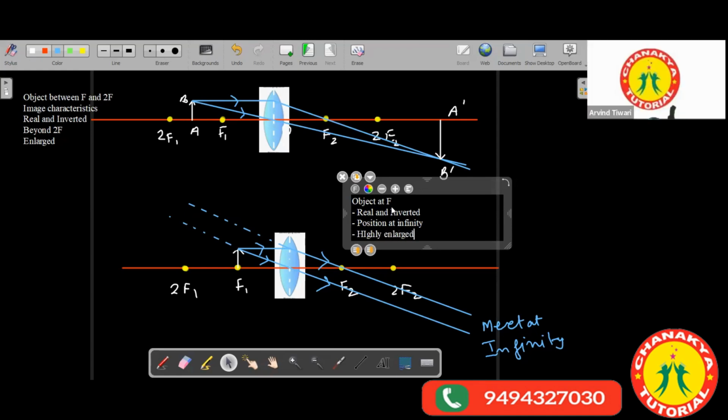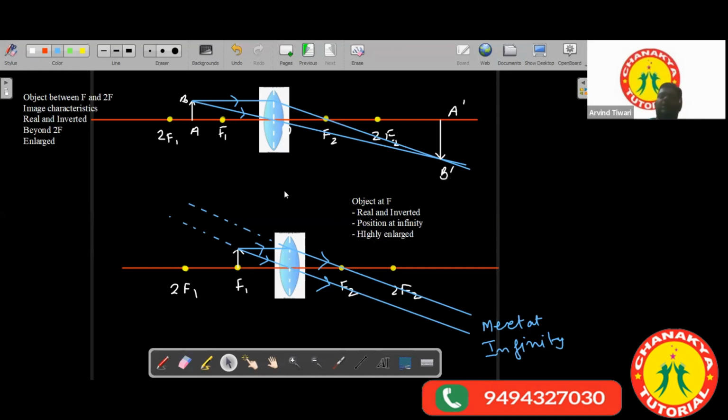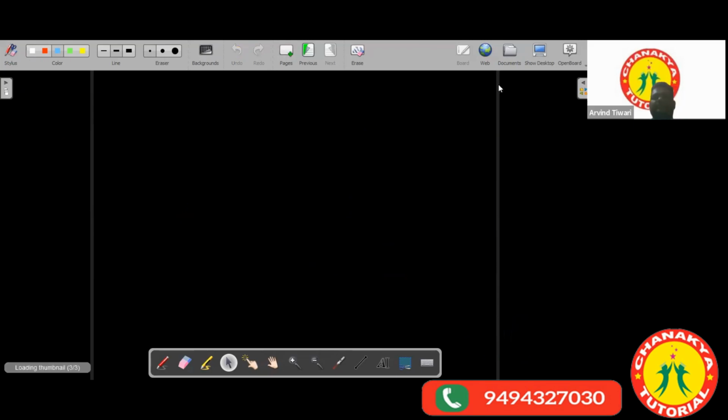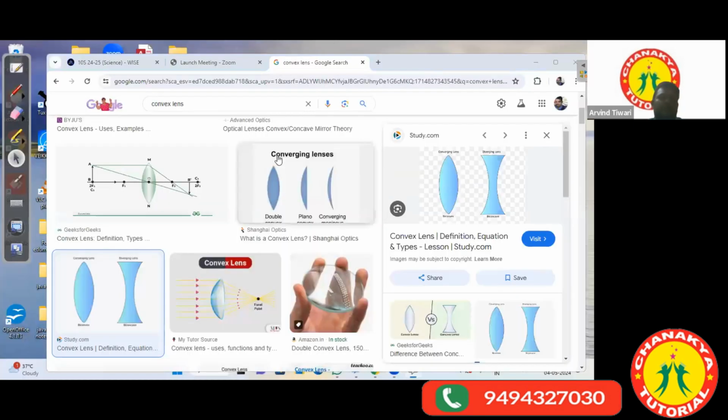If an image is highly enlarged, then you will not be able to observe that image. I'll show you any image and enlarge it, but you will not be able to identify it. Let me show you one example. Suppose I am taking the image of a lens.